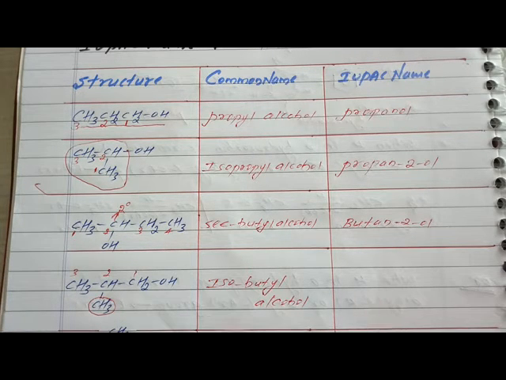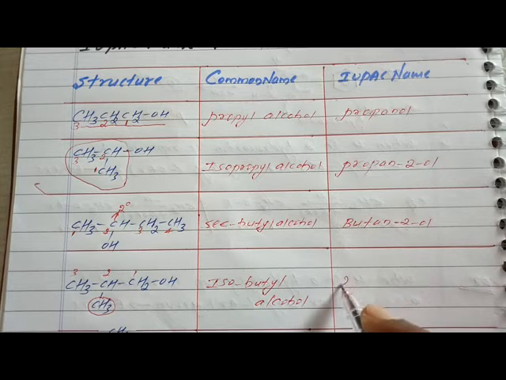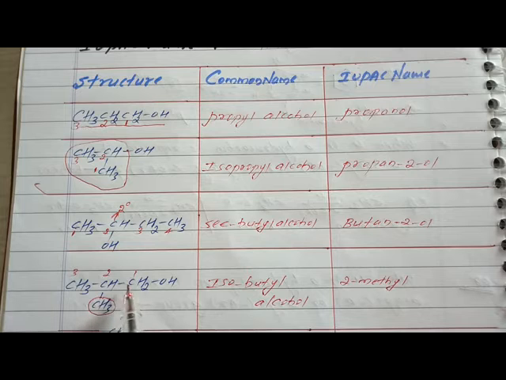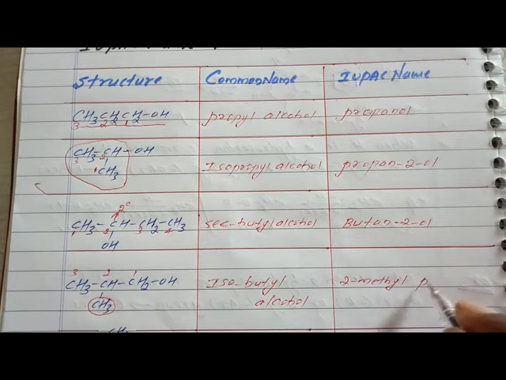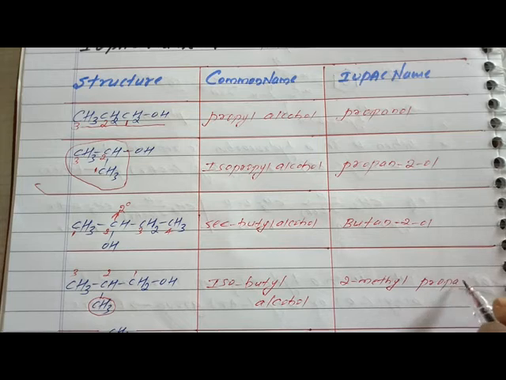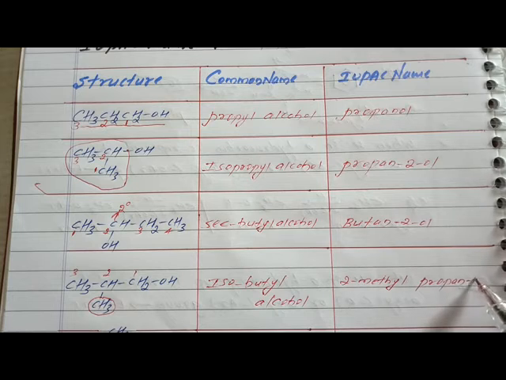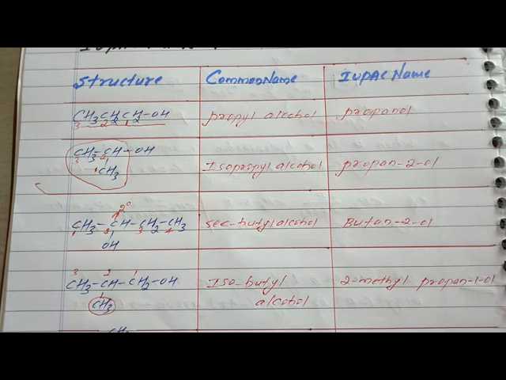So this prefix we write as 2-methyl, and now the parent alkane is 1, 2, 3, so it's propane, but the OH is attached to carbon number 1, so we are writing here propan-1-ol.